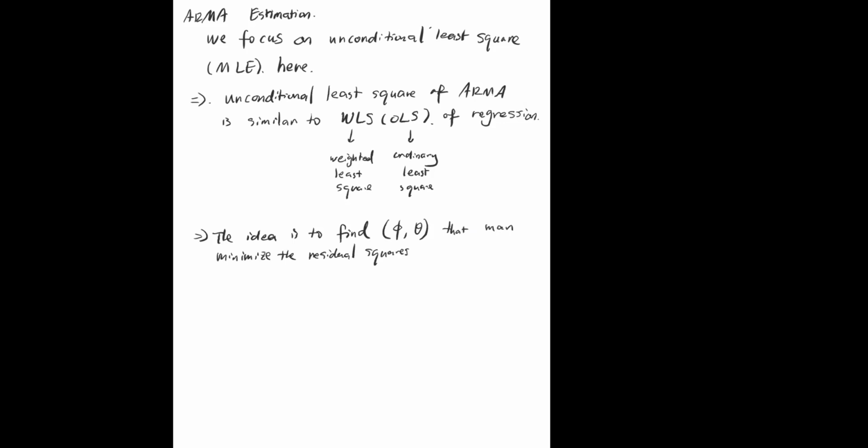The idea is basically to find phi and theta, which are our coefficients in the ARMA model, so that they can minimize the residual squares.